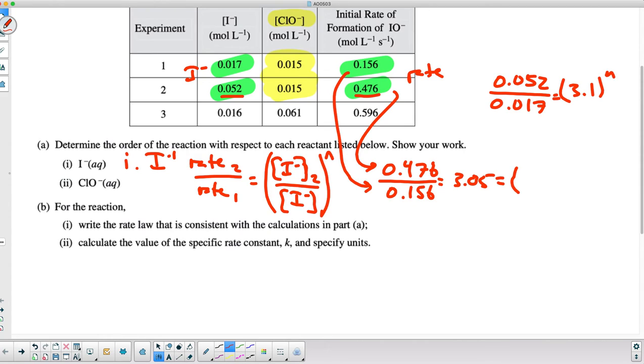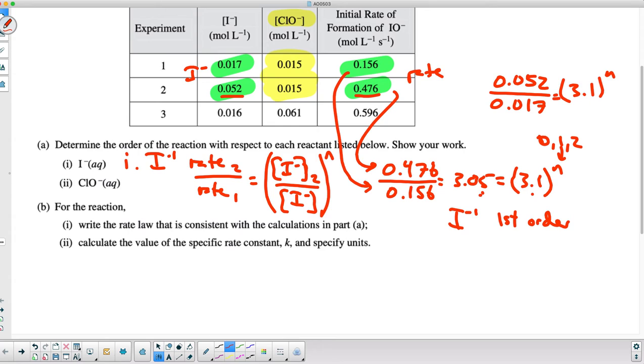If I got 3.1 to the n power, n can only be 0, 1, or 2. In this case, it's obvious that n equals 1 because they are almost exactly the same. So that means that I minus is first order. Excellent.